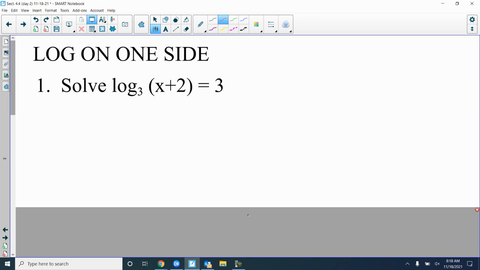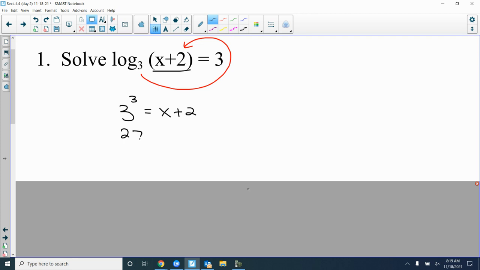If you isolate the log, use our log properties, and you can kind of go with your old swoop method to write it as exponential. So what's my base? 3. What's my exponent? 3. And what does that have to equal? X plus 2. 3 to the third power equals X plus 2.